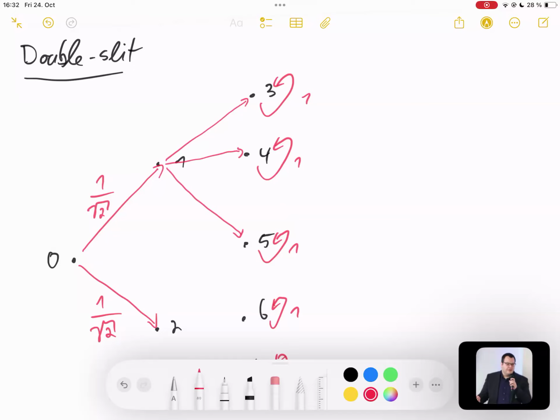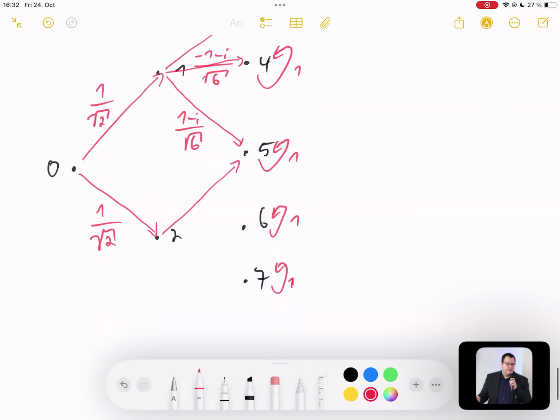So we have these transition probabilities, which is -1 plus i divided by the square root of 6, then -1 minus i divided by the square root of 6, and 1 minus i divided by the square root of 6. Then we have 3 more here. This one here is -1 plus i divided by the square root of 6.